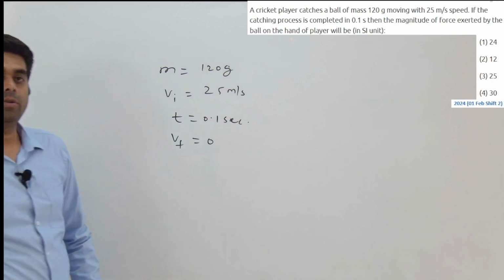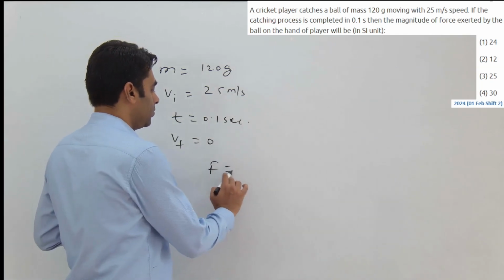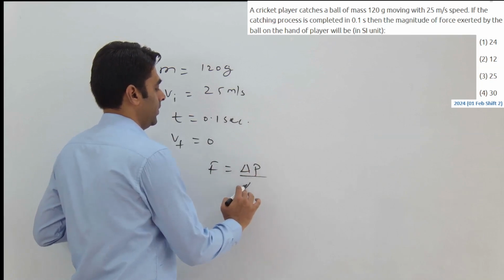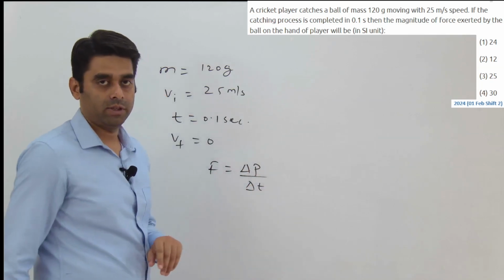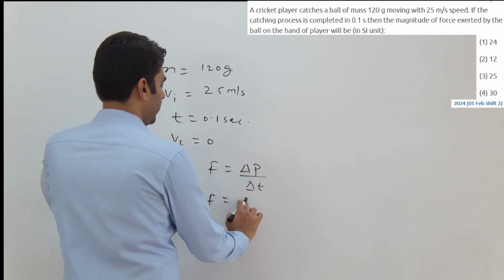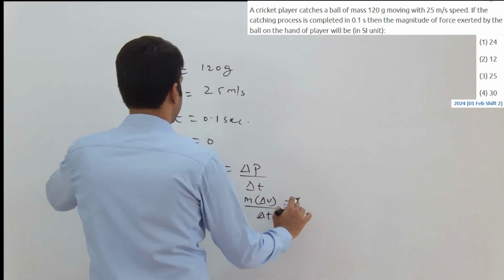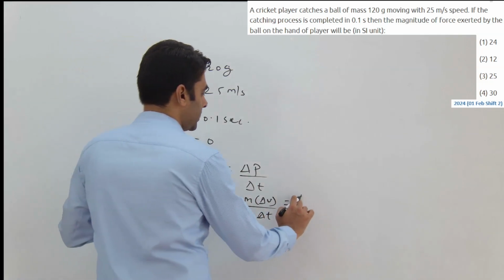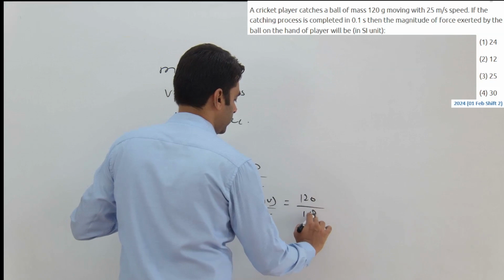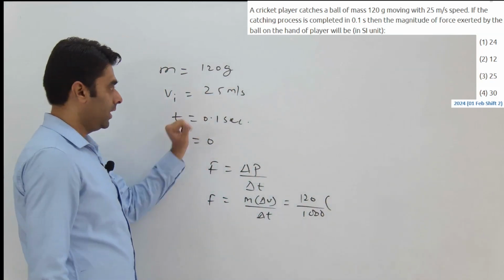basically a typical question of your second law, simple basic formula, F is equals to delta P by delta T, right? F equals to rate of change of momentum. So force we want to find out, delta P we can write as M into delta V by delta T. Mass is given to us 120 gram, which I can write as 120 by 1000 into delta V. Delta V finally 0, initially it is 25.